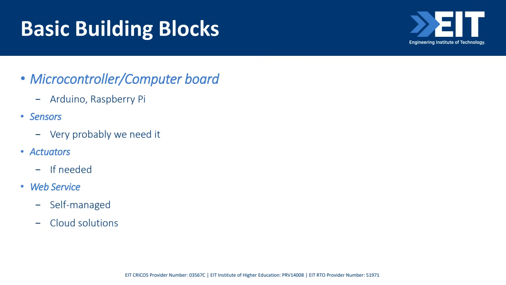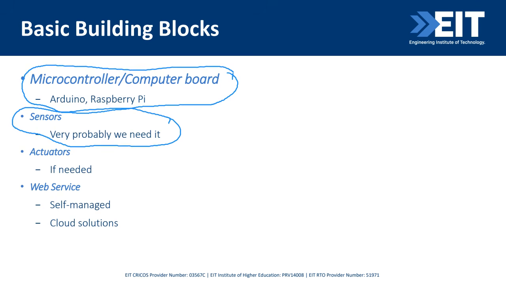The building blocks, if you want to build your own application, start with some kind of computer, a microcontroller or computer board. You need sensors if in your application there's a need to measure something. You need some actuators eventually if you want to remotely control something, and web services.